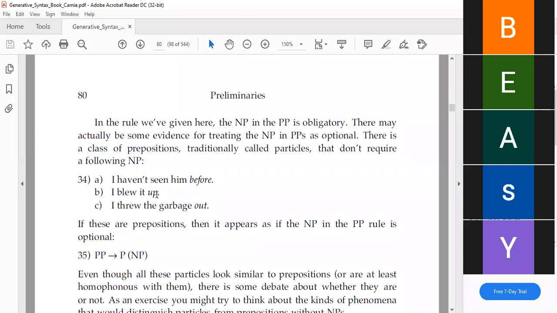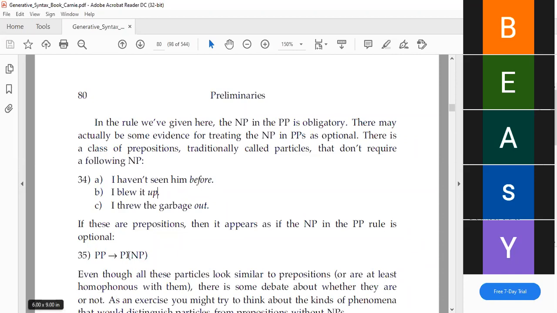Now, where's the NP, the object of a preposition? So it seems there is no object of a preposition. So we need to change the rule. So instead of saying PP consists of obligatory P, obligatory NP, we make it obligatory P and optional NP.